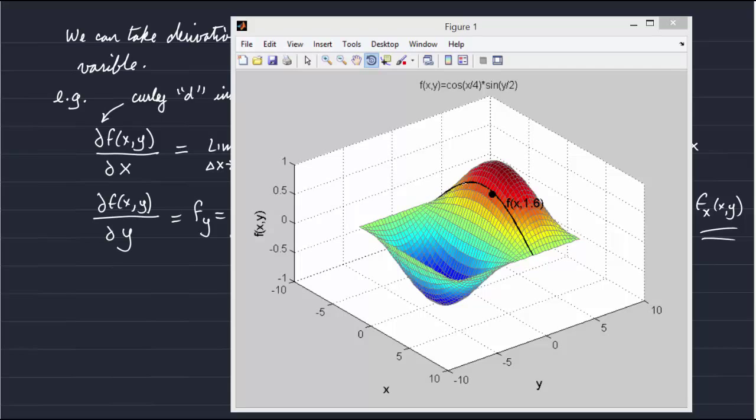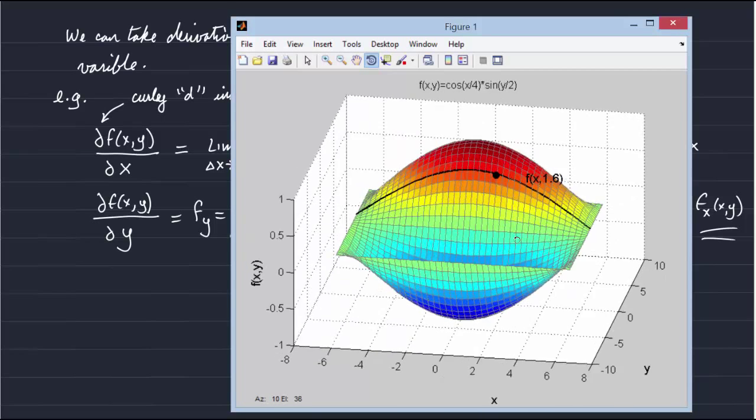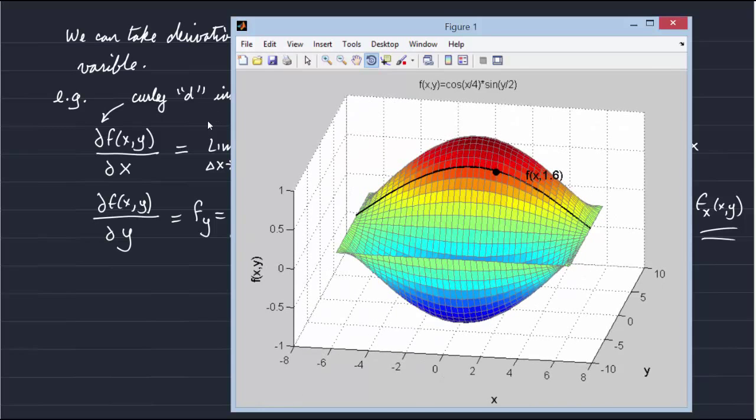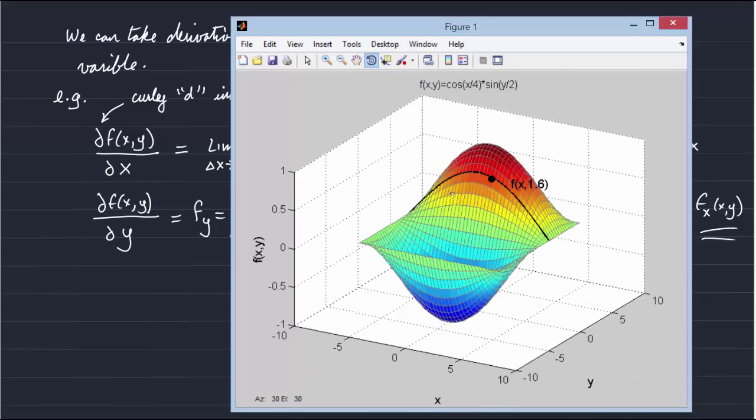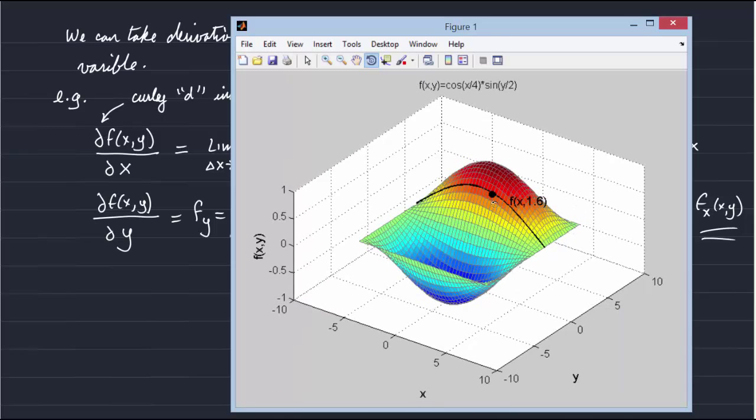This is how the function varies with x at a y value of 1.6. That's what this line shows. And we can interpret the partial derivative of this function with respect to x as the slope of this curve in the x direction, right? So in this case, y is a fixed value, and we can evaluate the partial derivative everywhere along the curve, and with respect to x, it's the slope in the x direction.